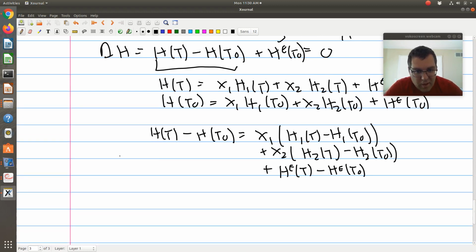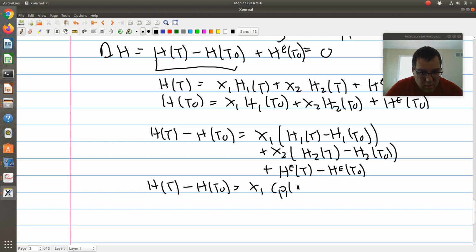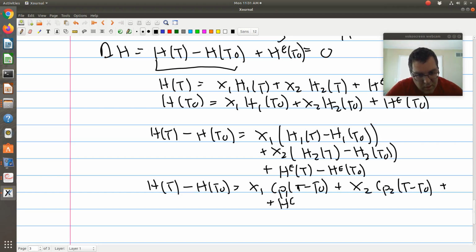Let's take this one piece at a time. For h1 at t minus h1 at t naught, I can just approximate that as Cp1 times T minus T naught, plus x2 Cp2 times T minus T naught, plus I have this HE at T minus HE at T naught.